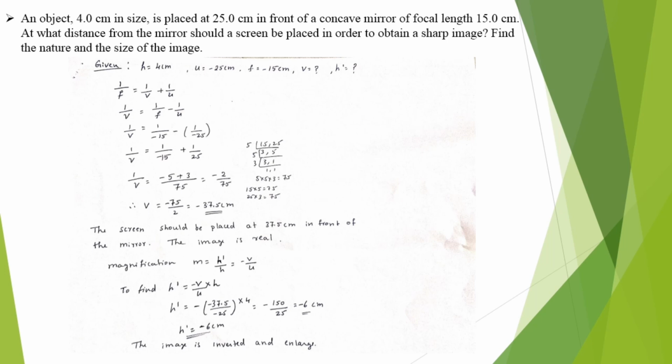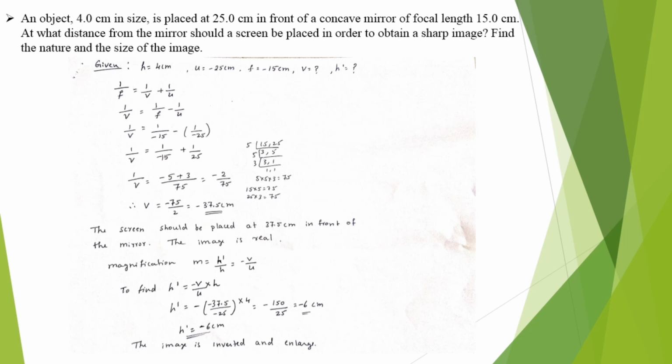The screen should be placed at 37.5 centimeter in front of the mirror. The image is real. So the magnification formula m is equal to h dash by h is equal to minus v by u. To find h dash, we can take h to the other side, it will become multiplication. Minus v by u into h.